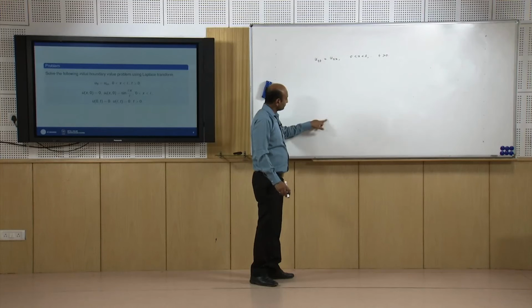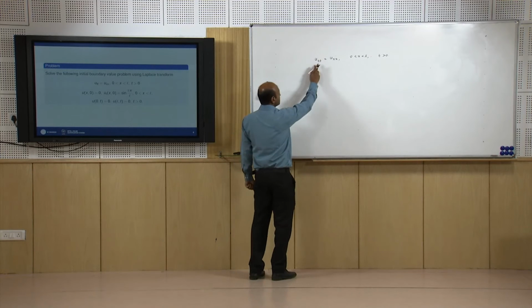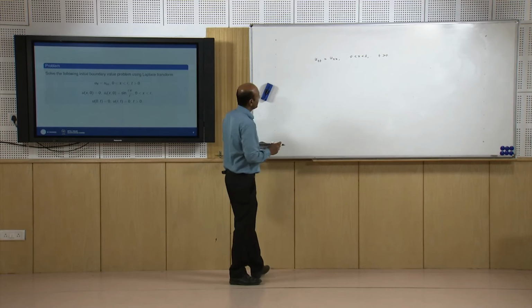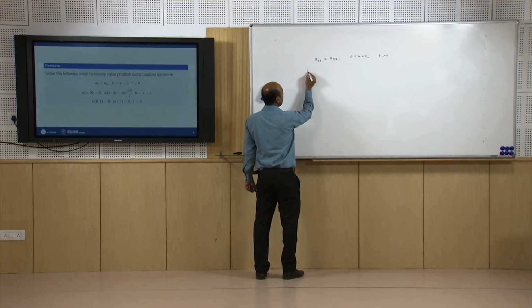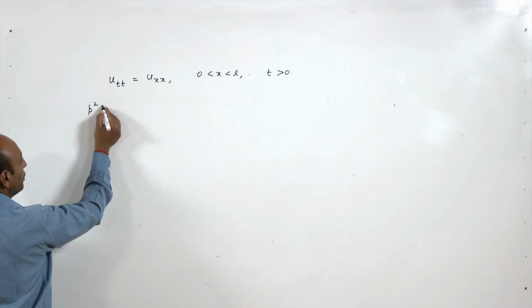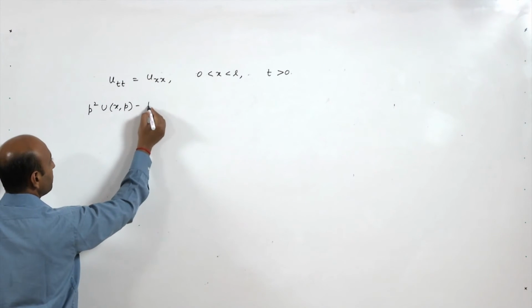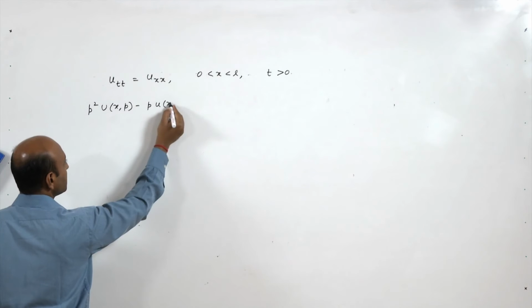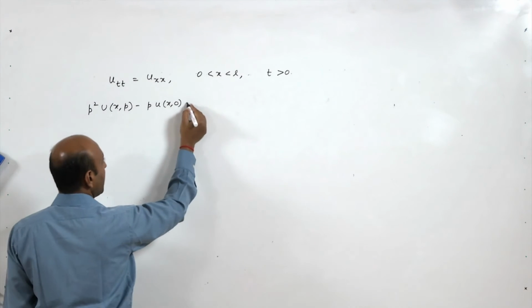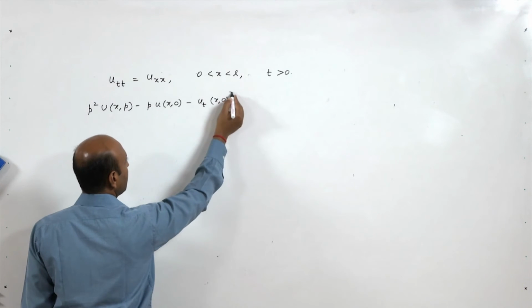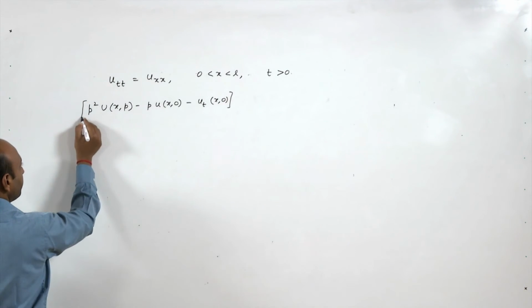What will be the Laplace transform of del square u by del t square? It will be nothing but p square into U(x,p) minus p u(x,0) minus u_t(x,0), because we are applying Laplace transform with respect to t.